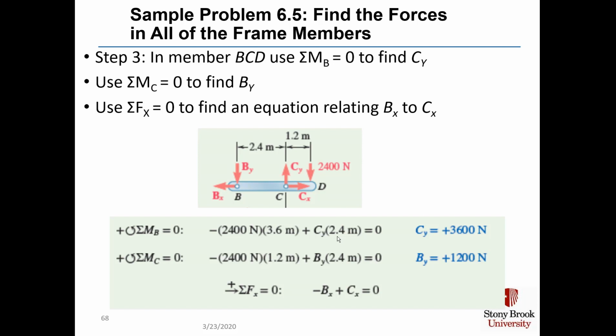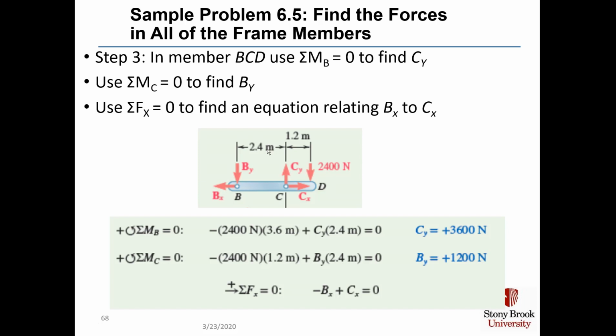We then can sum the moments around C, set that equal to 0 to find B sub y. Now we have our 2,400 newton force, and it's rotating around C in a clockwise direction, and it's at a distance of 1.2 meters. We add that to BY, which is rotating around point C in a counterclockwise direction at a distance of 2.4 meters.